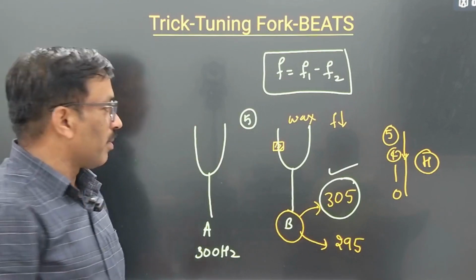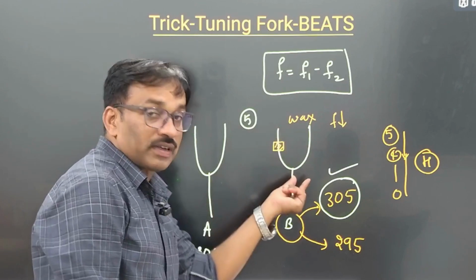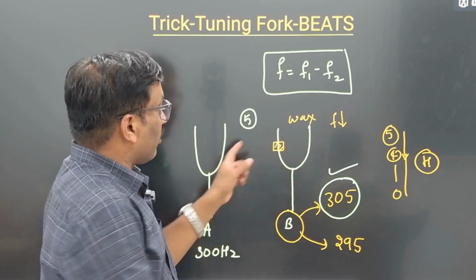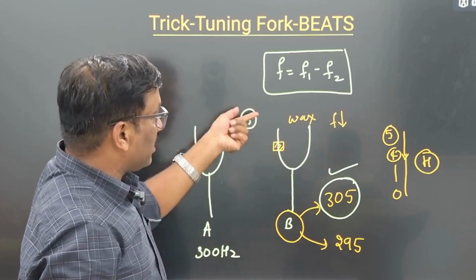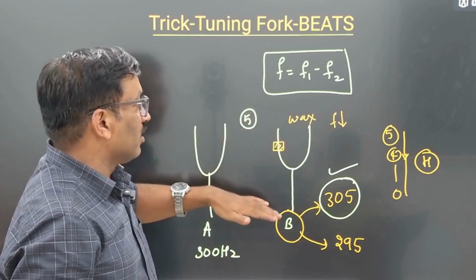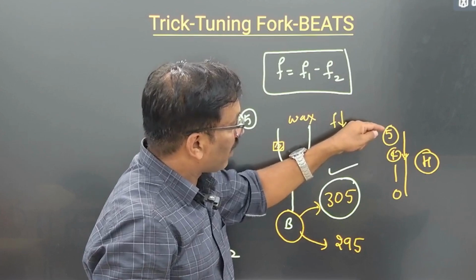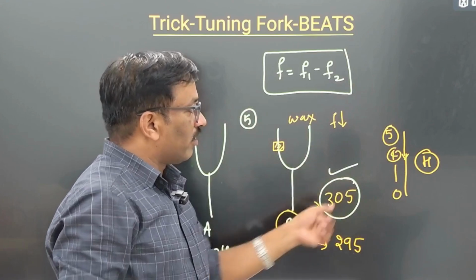Just that's all, remember this. If you add wax, its frequency decreases. So after adding wax, if the number of beats is 5 or lower, up to 0, the higher value is the answer.